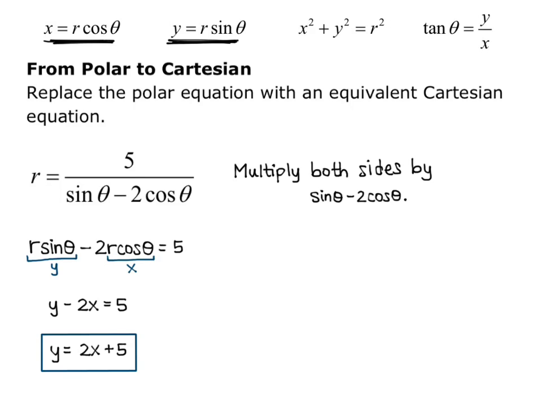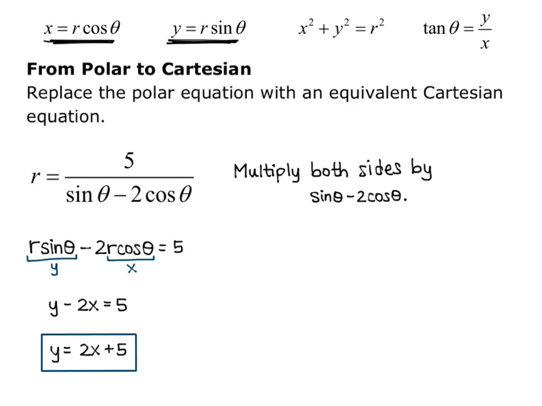Solving for y, I get y equals 2x plus 5. So I know this is a line in my xy plane, whether it's written in Cartesian or polar. So r equals 5 over sine theta minus 2 cosine theta is equivalent to y equals 2x plus 5.